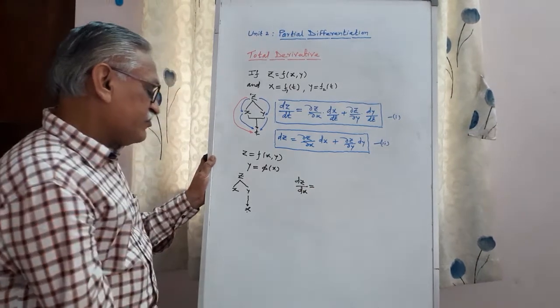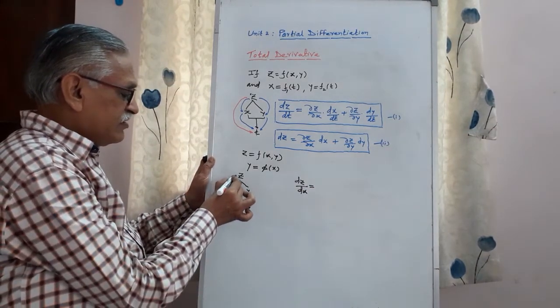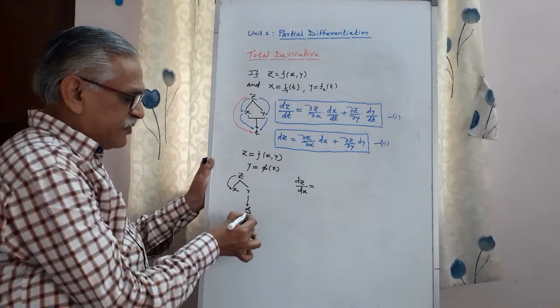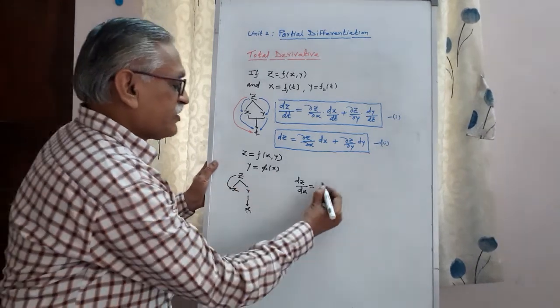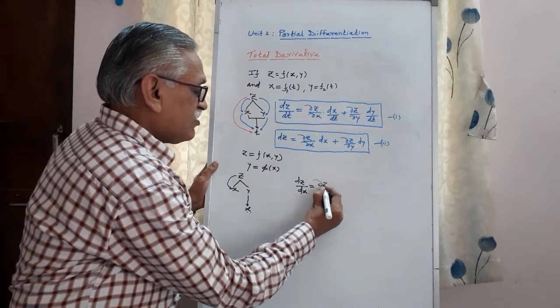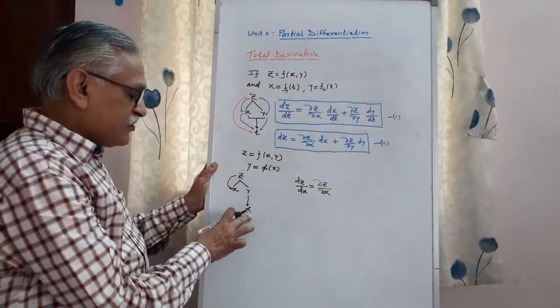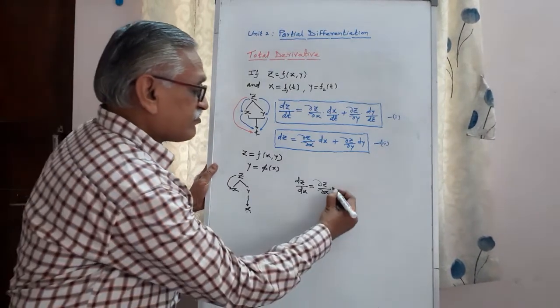is equal to differentiating first with respect to x and then x with respect to x. Its derivative with respect to x is a partial derivative, dou z by dou x, and the derivative of x with respect to x is 1.